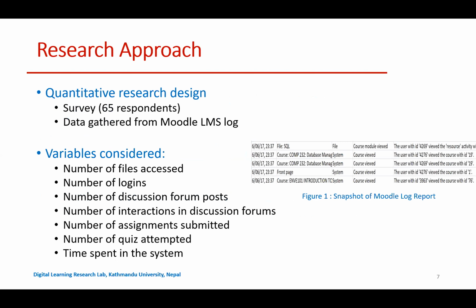To achieve these objectives, we have followed a quantitative research design, and it has two parts. The first part is the survey, where we surveyed educators to know what exactly is the problem, or what is the reason behind them not using the system.